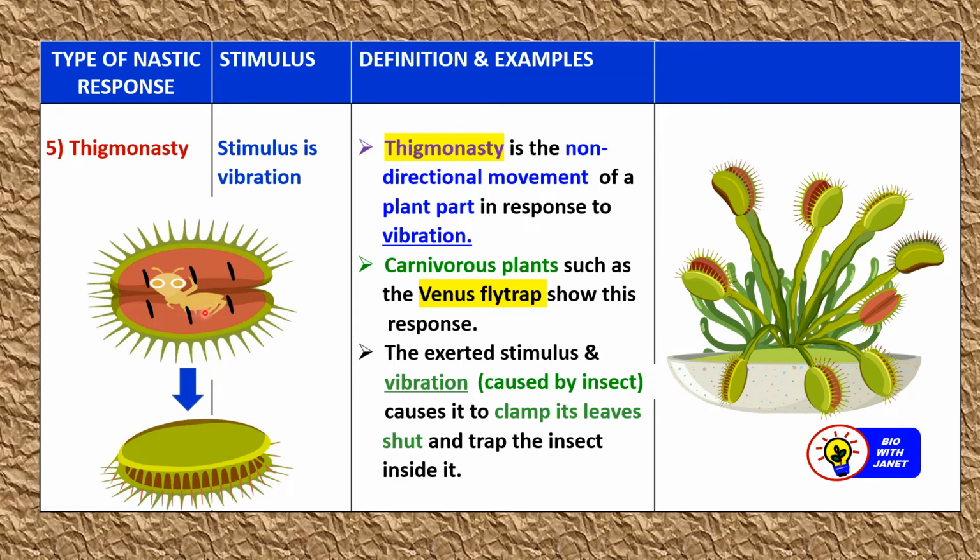So when the insect gets into the trap, it will cause some vibrations that will involve the hairs here that are sensitive to vibrations. So this will cause a process to occur that causes the trap to shut.